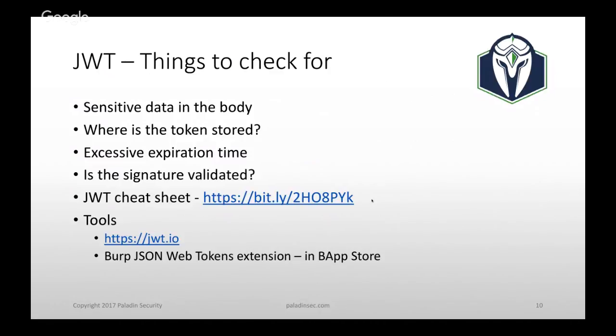But if it's in local storage, it's fair game for cross-site scripting. And always inside of these applications, there are things being validated on the server side. So let's take a look at a couple of resources available to us to deal with JWTs.